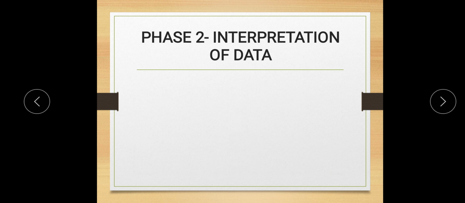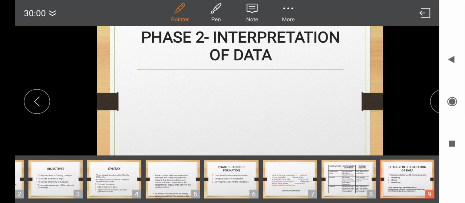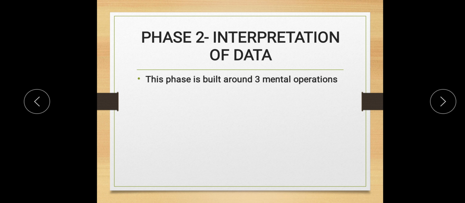Okay, now moving on to the next phase, that is interpretation of data. This phase is built around three mental operations, like how we had three there: enumeration, grouping, and the third one was labeling. Likewise, we have three mental operations here, that is interpreting, inferring and generalizing.